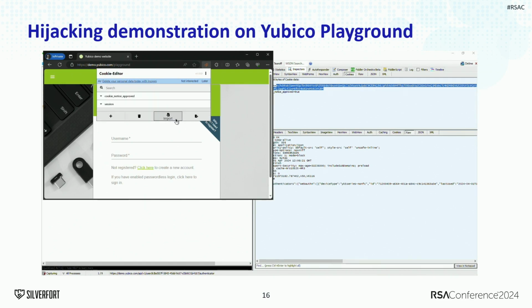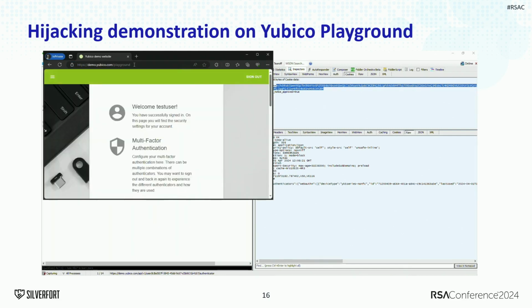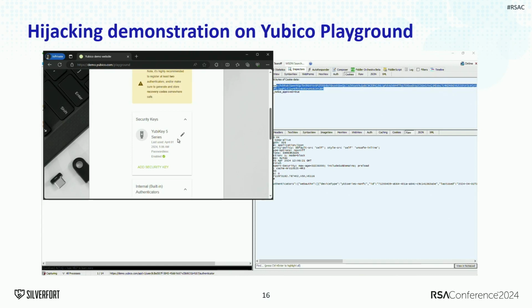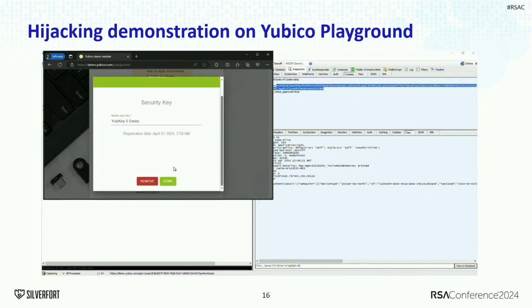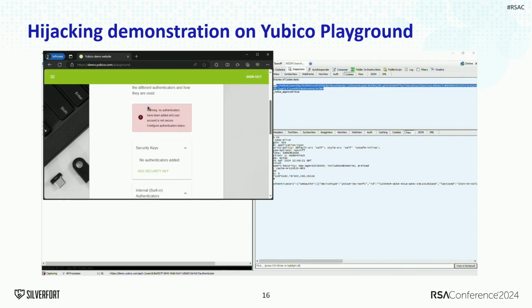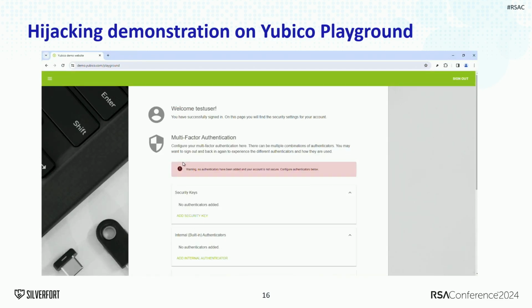There is no validation on either the browser or anything. In this demonstration, I logged in, bypassed the FIDO authentication, accessed the sensitive data, and managed to remove the security key of the victim.